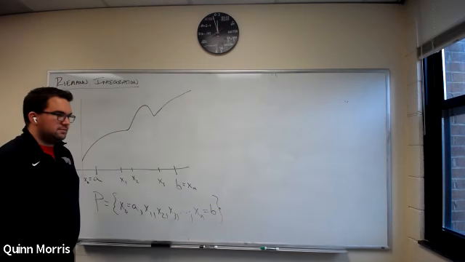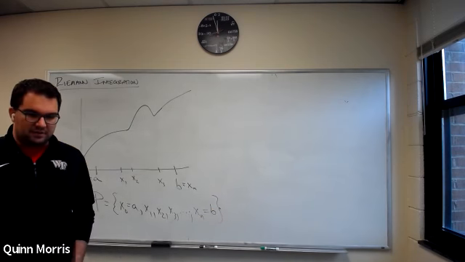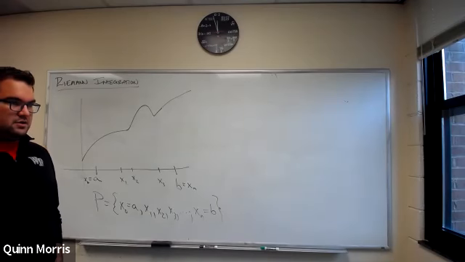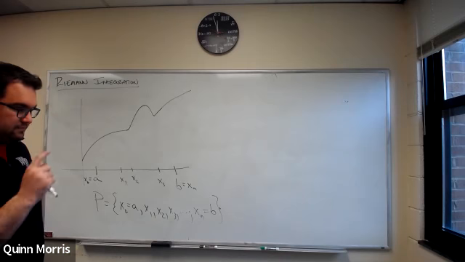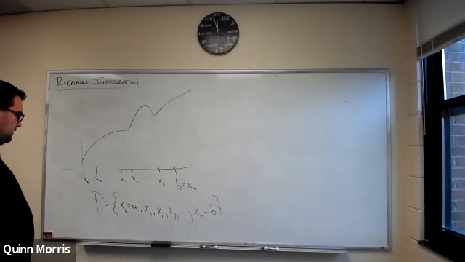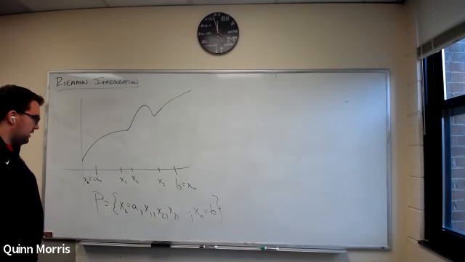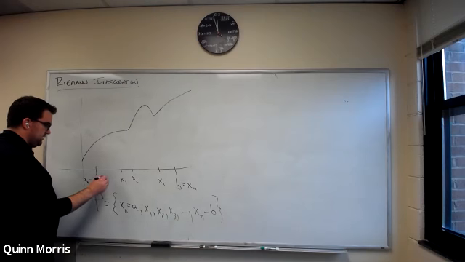You can think of these in your Riemann sum as being the bases of each of the rectangles.